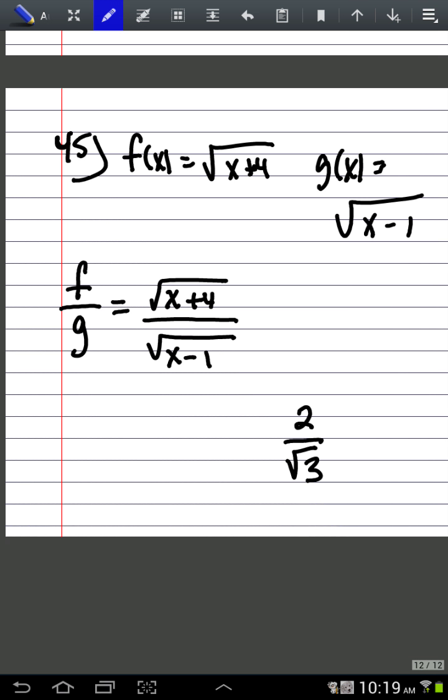If I have 2 over the square root of 3, we multiply by the square root of 3 over square root of 3. So we would get 2 square roots of 3. Now, square root of 3 times square root of 3 would just be square root of 9, which would just be 3. All right, now we're going to do the same thing, except with what we have.